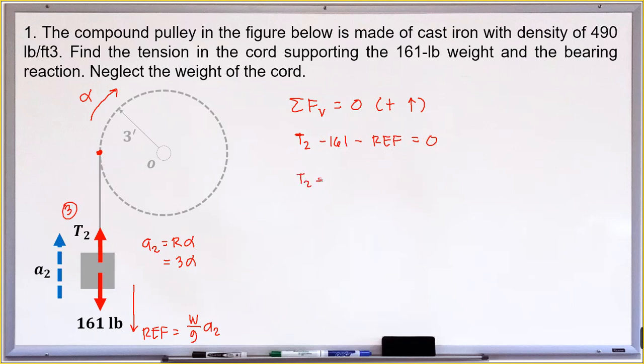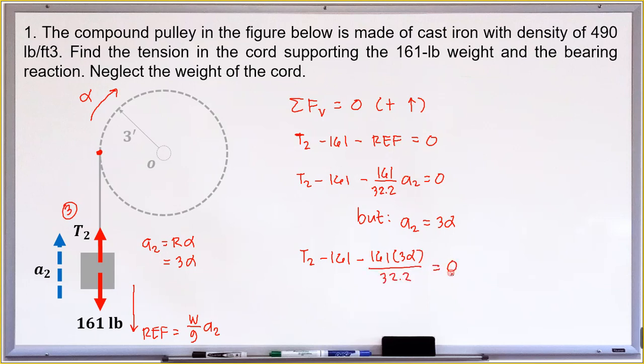So we have T2 minus 161 minus the weight 161 over 32.2, alpha 2 equal 0. But we have a relation for A2. A2 is 3 alpha. Therefore, we have T2 minus 161 times 3 alpha all over 32.2, that is equal to 0.